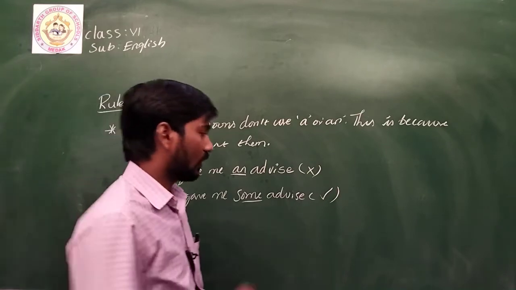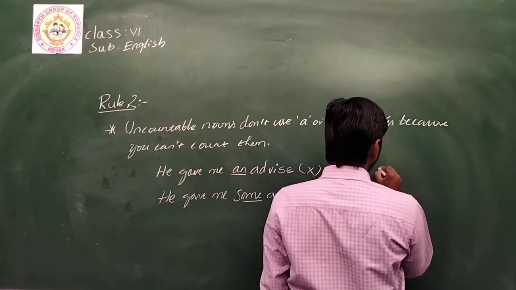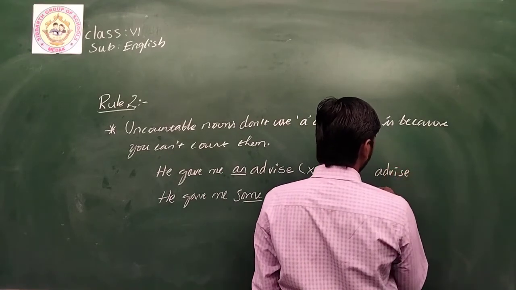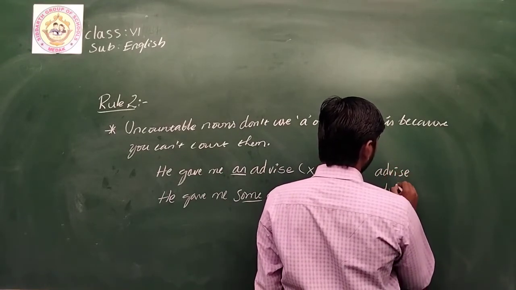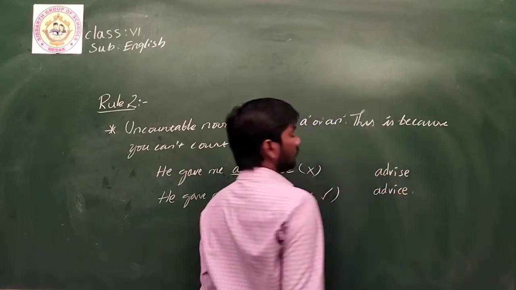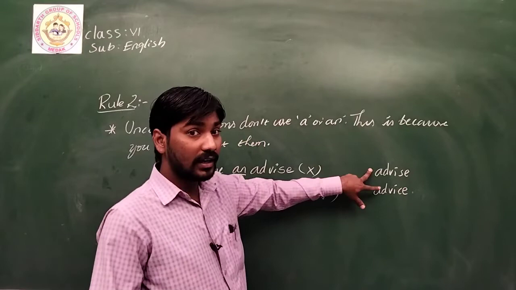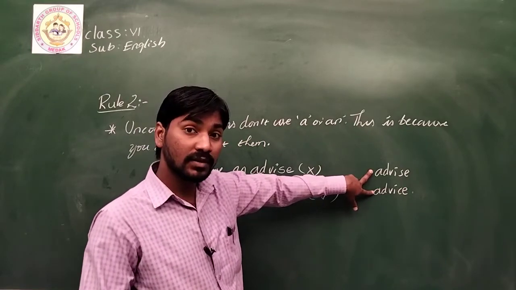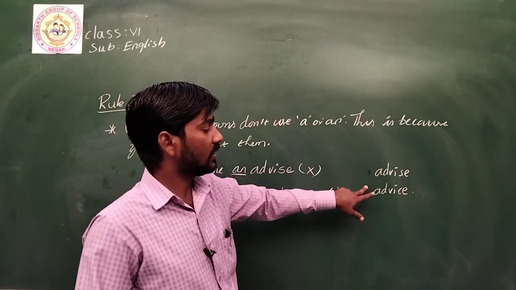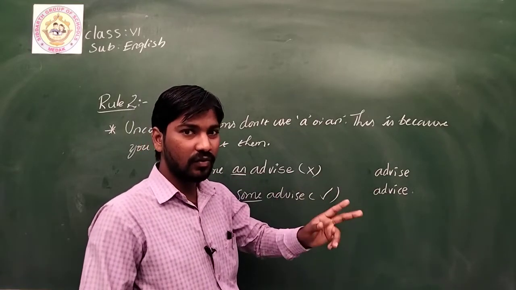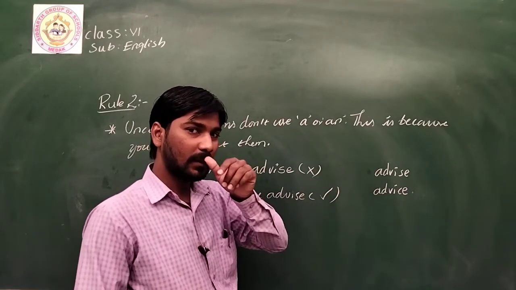Look at children. Have you ever gone through these two words, advise and advice? Both have the same sound. Sounds are the same, spellings are different. This is called homophones. Same sound but different spelling.